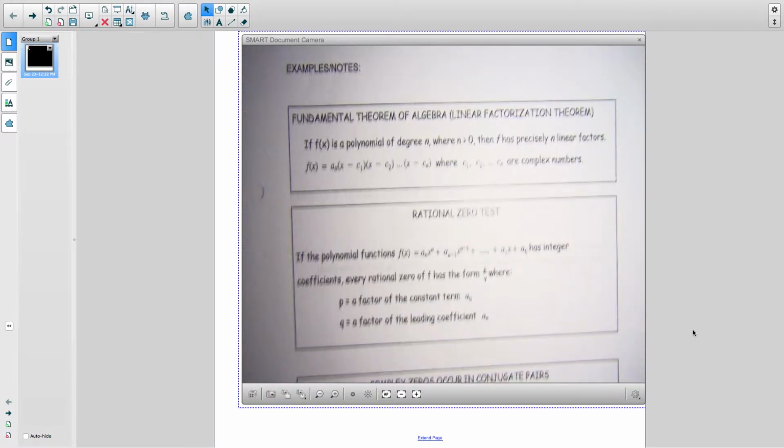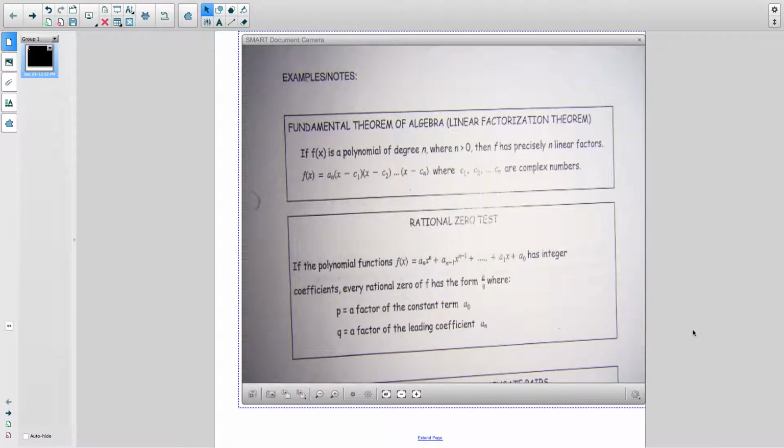So the fundamental theorem of algebra says that if f of x is a polynomial of degree n, meaning degree 5, for example, then it has precisely 5 linear factors, where c1, c2, through cn are complex numbers, meaning they could be real numbers or they could be imaginary.